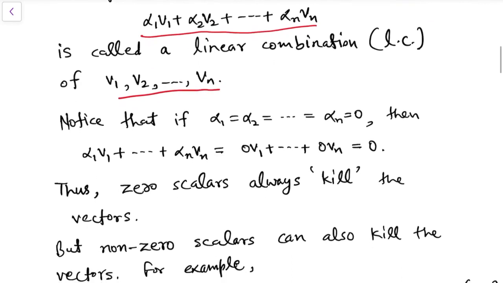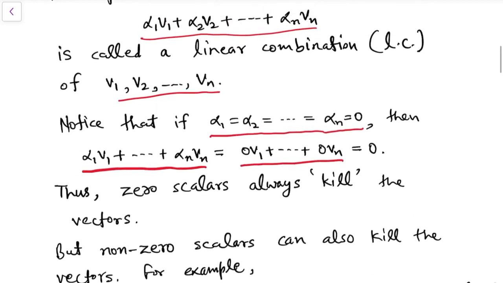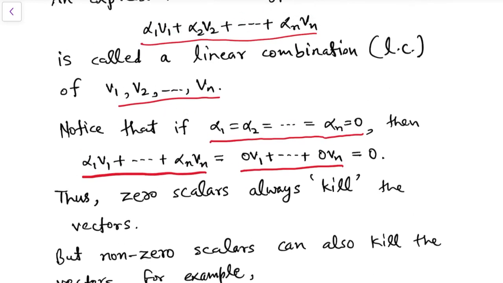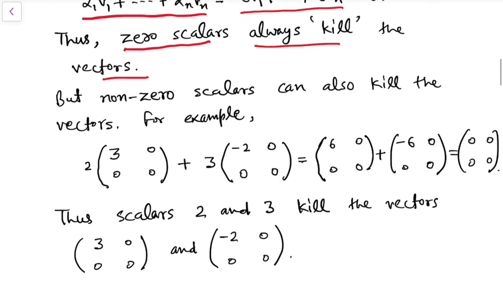Now if all these scalars alpha 1, alpha 2, ..., alpha n are 0, then definitely this linear combination is 0, because 0 into any vector is 0. So if we take all these scalars 0, then it kills the linear combination. So 0 scalars always kill the vectors, but it may happen that non-zero scalars also kill the vectors.